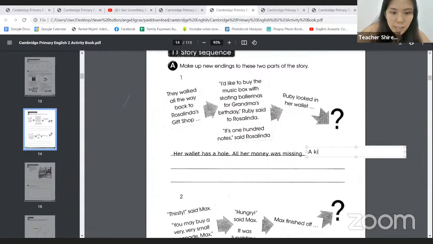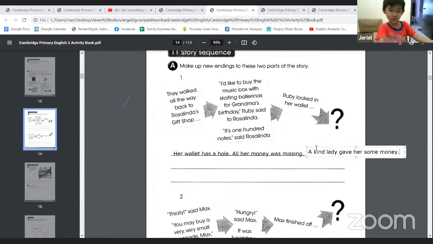A kind lady gave her some money. A kind lady gave her some money.